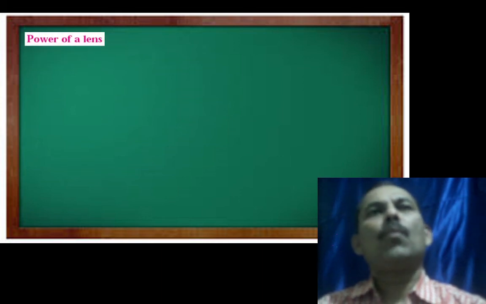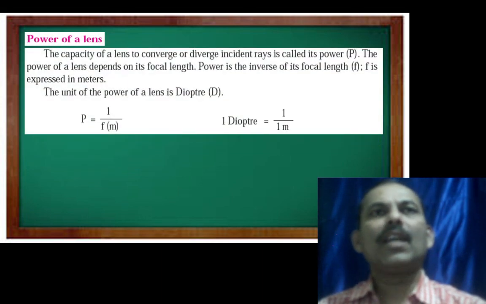Then power of a lens. The capacity of a lens to converge or diverge incident rays is called its power, that is P. The power of a lens depends on its focal length.